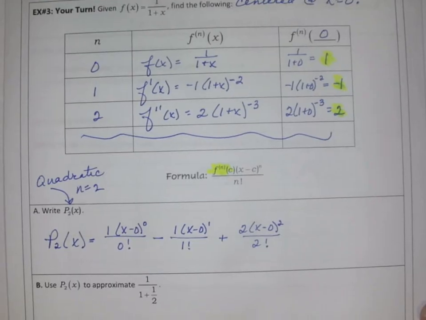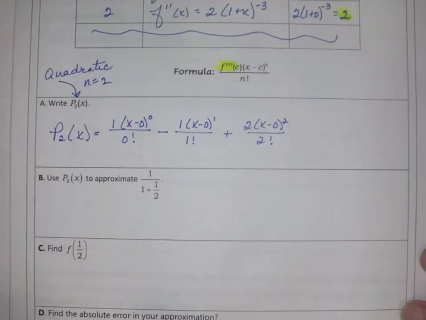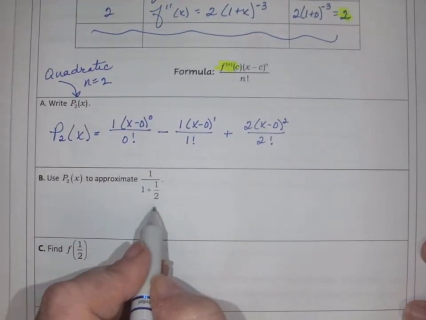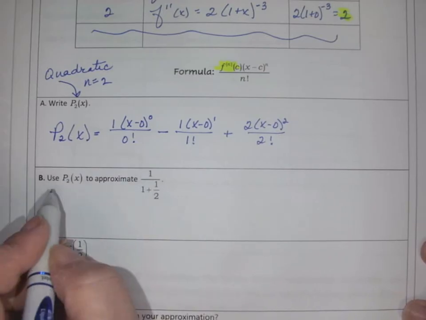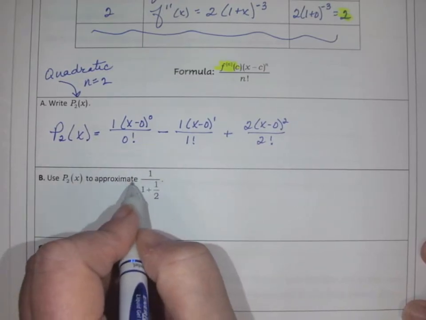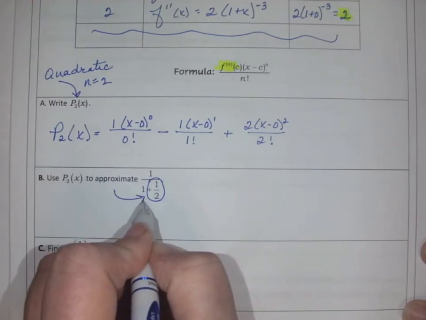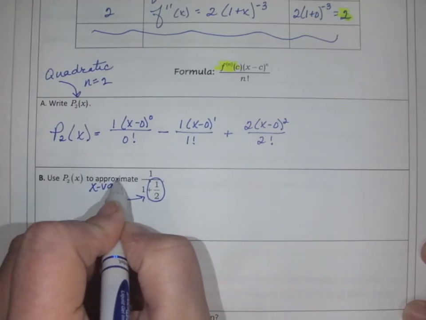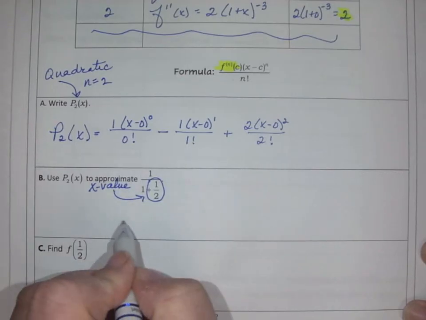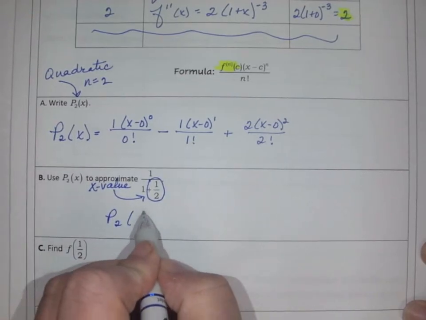Okay. All right, so now it says use P2 to approximate 1 over 1 plus 1/2. So if this is our value that we're looking for, then this is our x value. So what we're really looking for is P2 of 1/2.